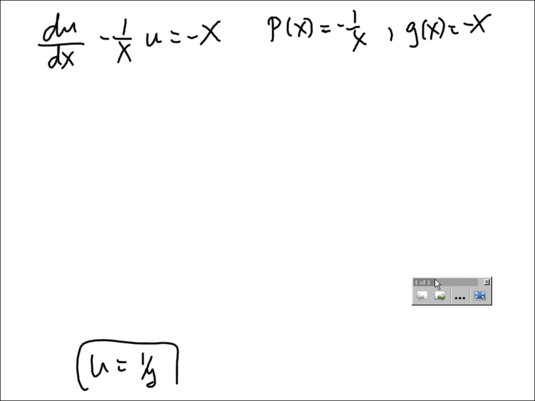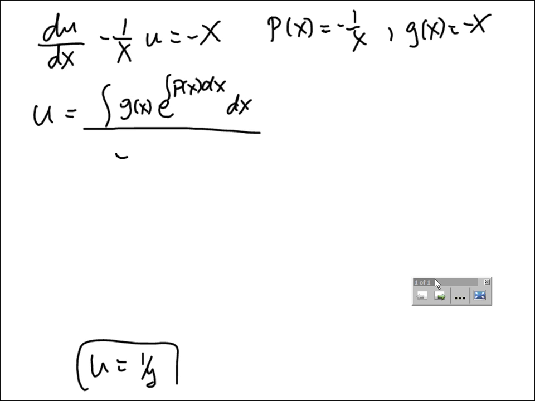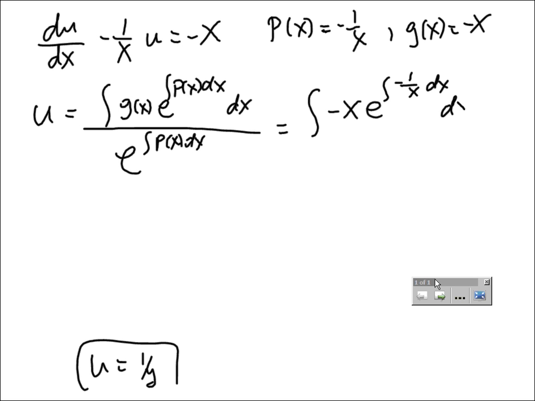Nonetheless, u is going to be the integral of g of x e to the integral of p of x dx dx, over the bottom, which is just e to the integral of p of x dx. And g of x is negative x. The bottom is just e to the integral of negative 1 over x dx.